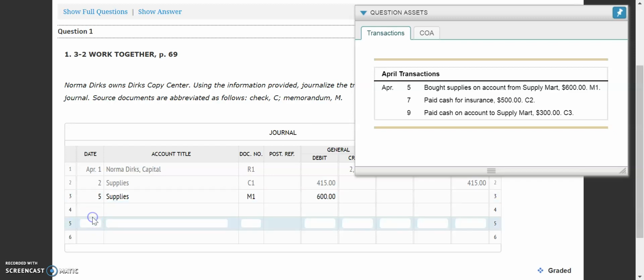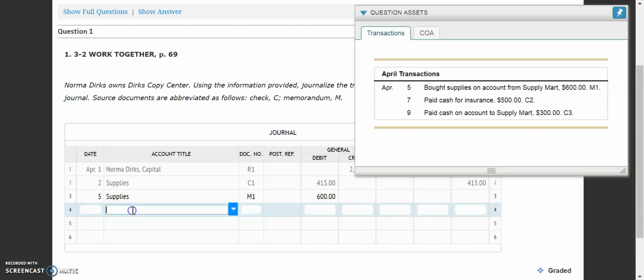Now, because, again, there's no sales and no cash, we go down to our next line where we're going to put our credit account. We do not need to put the date again, and we do not need to put the source document again. Remember, when we leave those 2 blank, what that signifies to us is that these 2 lines are one transaction. So our credit is going to be for accounts payable dash Supply Mart.